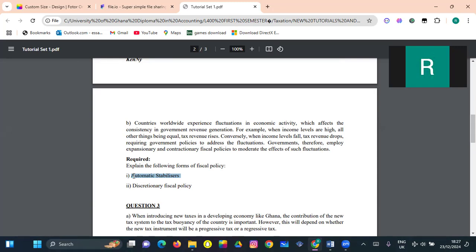And when there is less spending, automatic adjustment will come in to tax less so that more spending will come in. But for discretionary fiscal policy, a decision is supposed to be made to implement either high taxes or low tax.